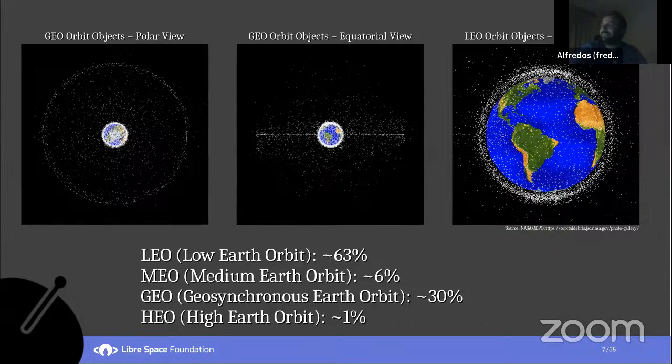And if we zoom in near the Earth, we can see how many satellites are in the low Earth orbit.